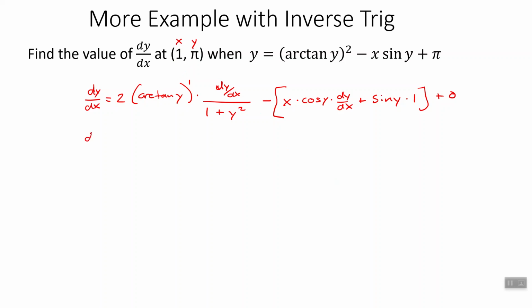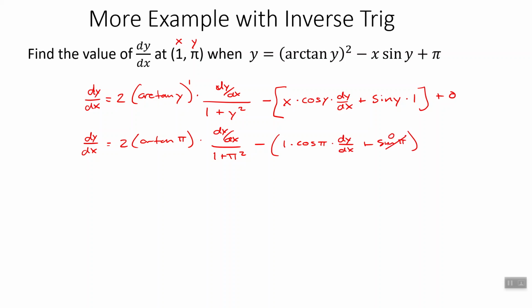All right, we might not be able to completely solve for this. So we get 2 arctan of pi. Was that point switched? Did I have that point backwards? I don't know. dy/dx over 1 plus pi squared minus, let's see, we've got 1 times cosine of pi, that'll work out easily, times dy/dx plus sine of pi, which is 0.